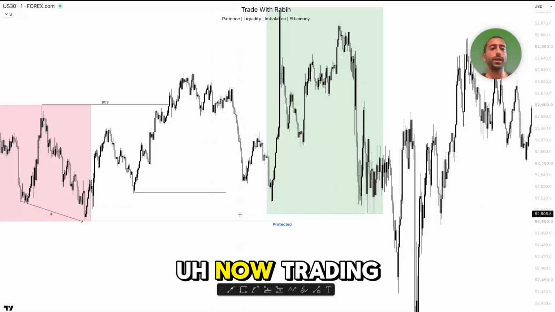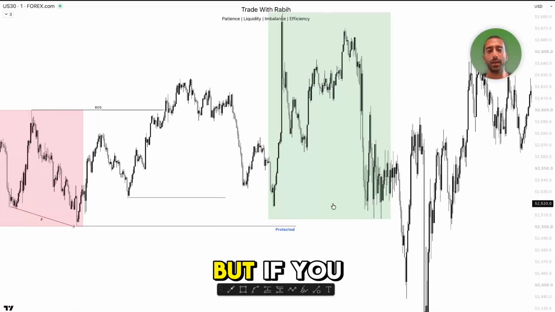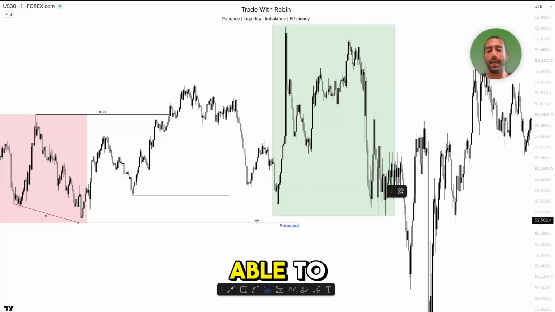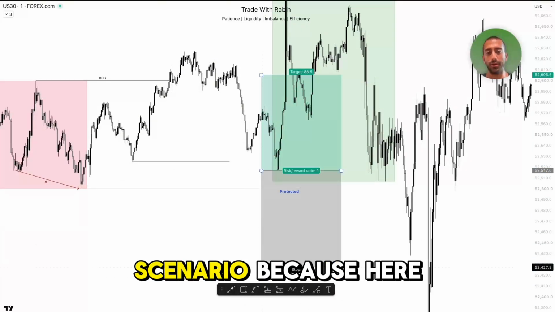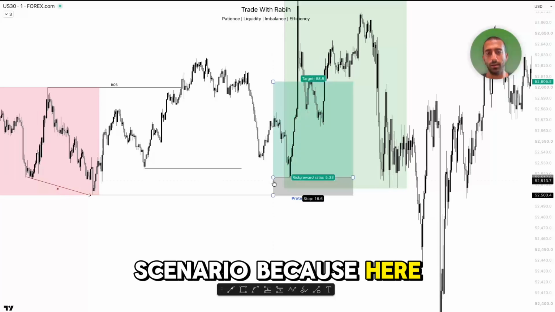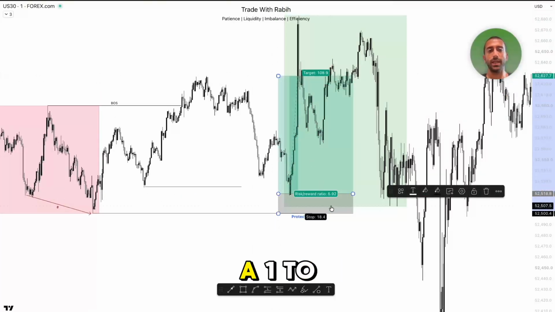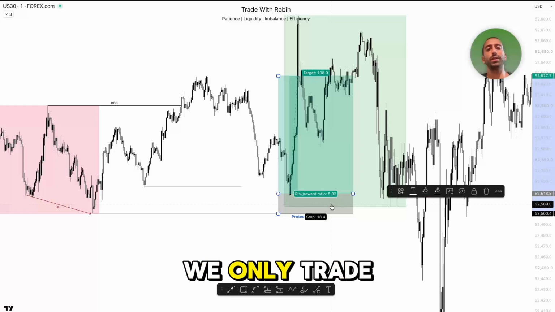Okay, now trading from protected is very important, but if you want to catch bigger moves and you have a feeling that you won't be able to, like in this scenario, because here from this entry until this external, it is only a 1 to 5, and usually we only trade 1 to 10.